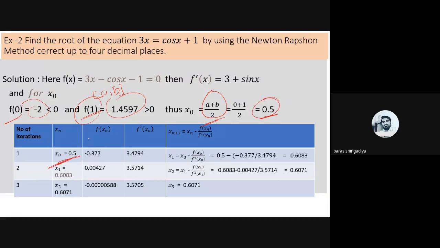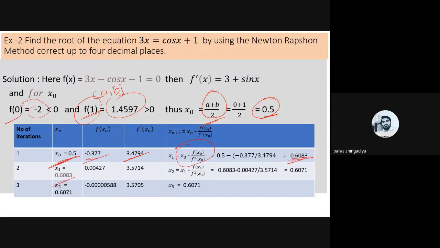This is your first approximation, and then we check f of x0 and f dash of x0, and use them in the formula x1 equals x0 minus f of x0 upon f dash of x0. Just put the values of x0, f of x0 and f dash of x0 in the formula and simplify. So we get the first iteration 0.6083.